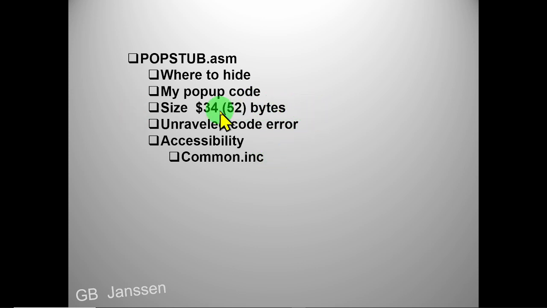The size of the stub program is a hex 34, 52 bytes. It's keyed to this thing, but it does everything we need to. Unraveled code error. Okay, it's not really a code error. It's a decode error. The notes in the Unravelled document have a few errors in there that I found. I'll go over that a little bit when we're looking for a place to hide our code.